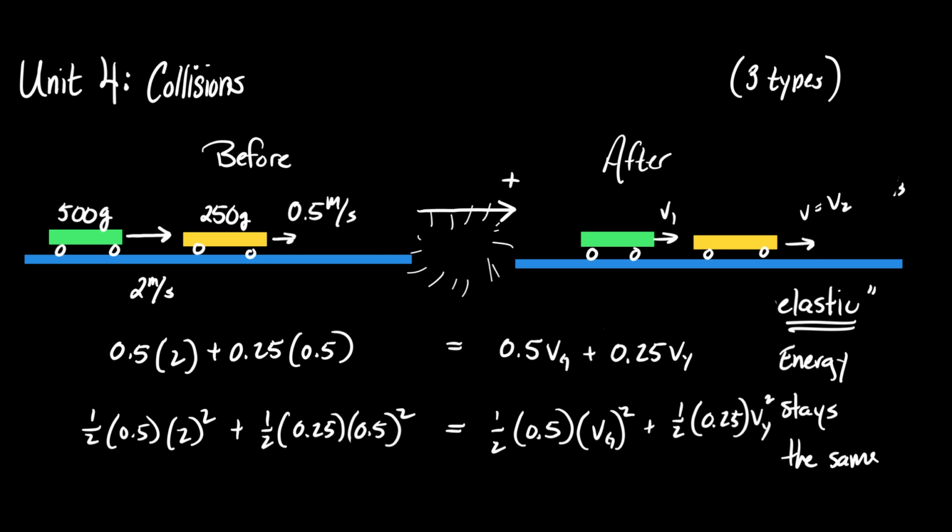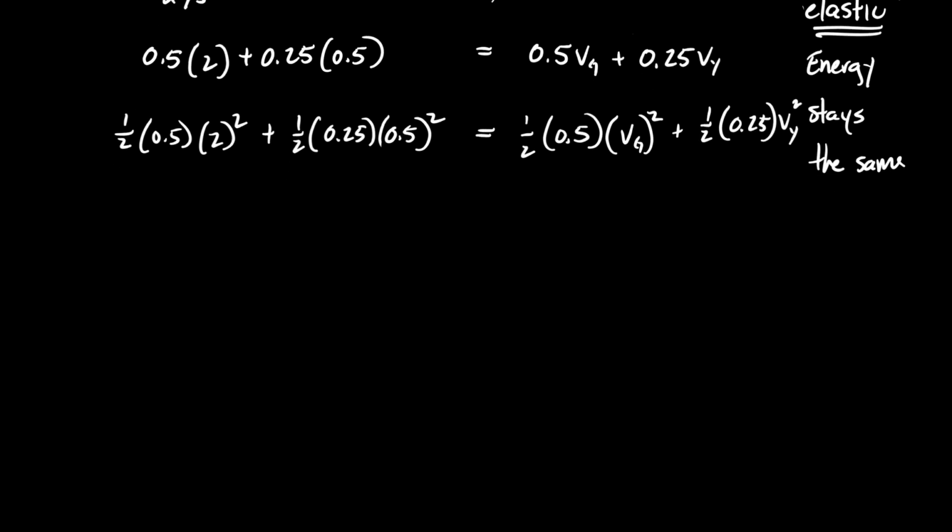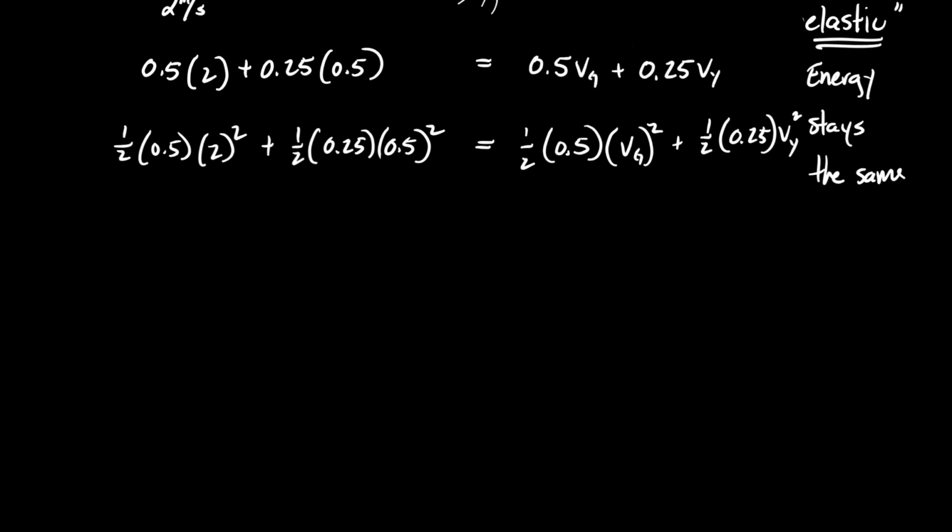I don't want to make this about some kind of tedious second semester Algebra 2 problem. That's what this is. You solve the top equation for one velocity, because it's the one that's not squared, and you plug it into the bottom, right? You will get two answers for the velocities. The only hint I will give you is that when you solve for Vg or Vy, there'll be two answers because it's a quadratic.